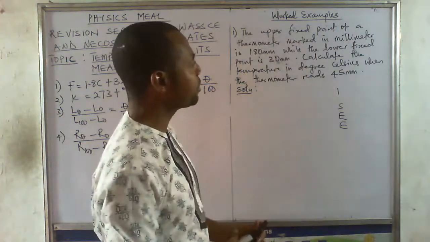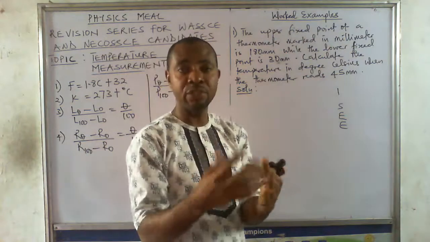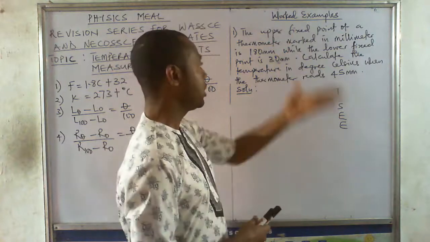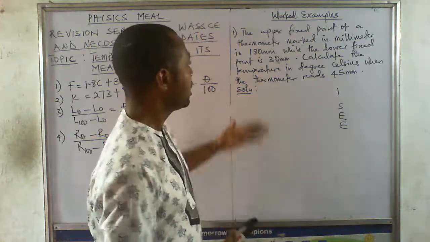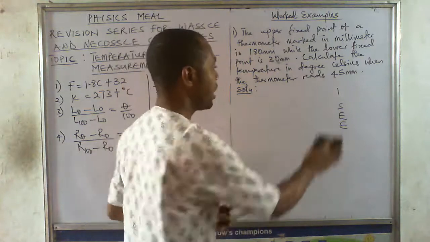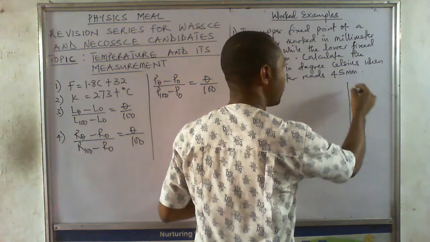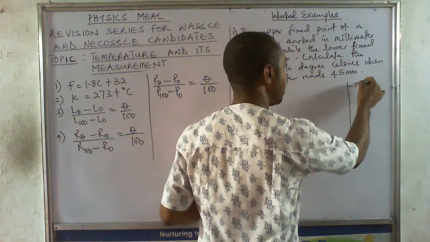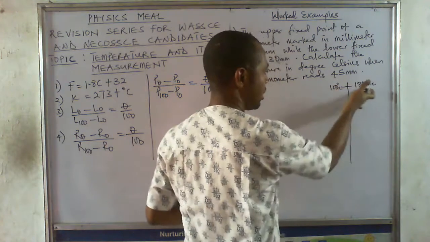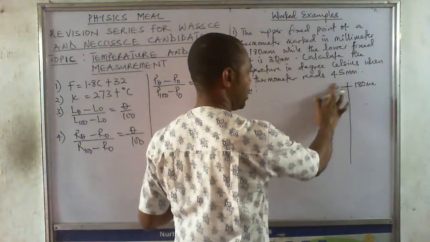So they say the upper fixed point of a thermometer marked in millimeters. So this thermometer, instead of in degrees Celsius, was marked in millimeter to measure the length of the liquid column. So they say that the upper fixed point is actually 180 millimeter. In other words, if we use a diagram, the upper fixed point now, 180 millimeter, that corresponds to 100 degrees. The 180 millimeter is the length at upper fixed point.